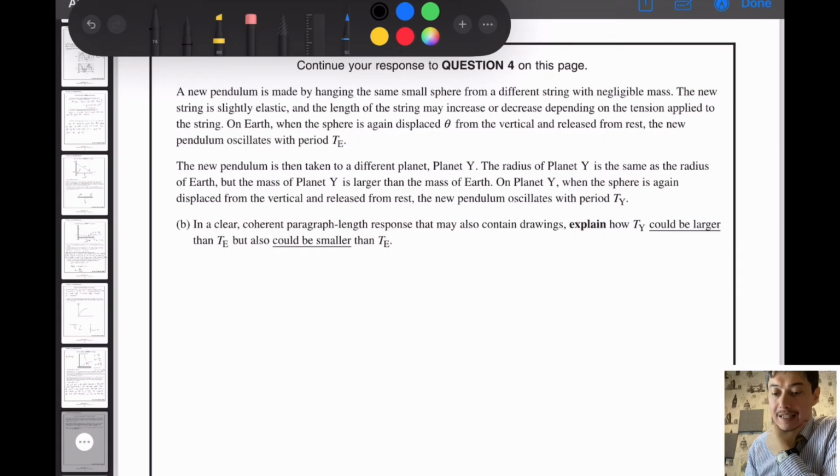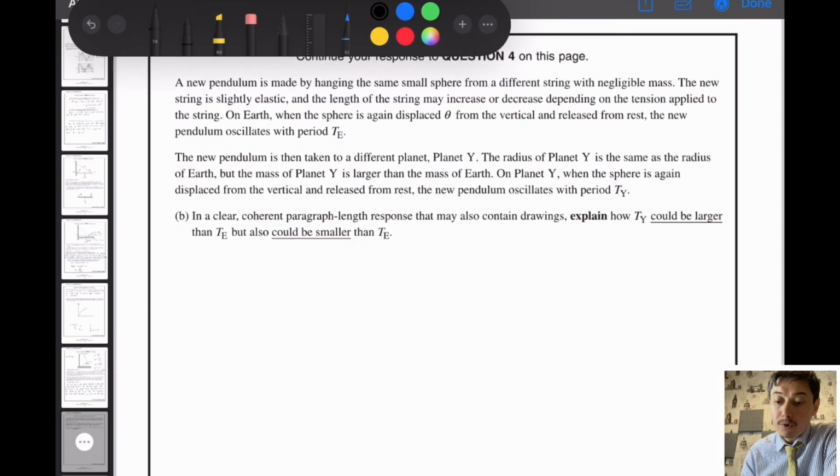The new pendulum is then taken to a different planet Y. The radius of planet Y is the same as the radius of Earth, but the mass of planet Y is larger than the mass of Earth. On planet Y, when the sphere is again displaced from the vertical and released from rest, the new pendulum oscillates with period Ty. In a clear, coherent paragraph-length response that may also contain drawings, explain how Ty could be larger than Te, but also could be smaller than Te.